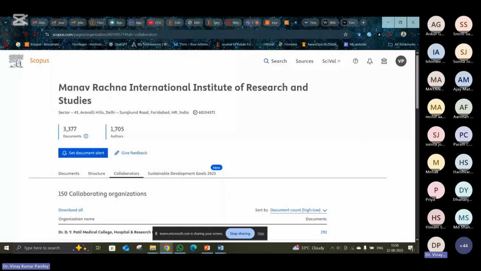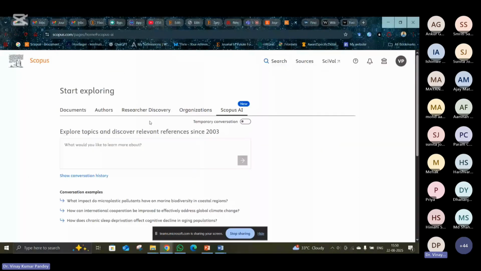So this is how it looks, and I'll just show you how you have to use Scopus AI. Suppose I'm typing over here, I'll just try with AI and machine learning in electronics.